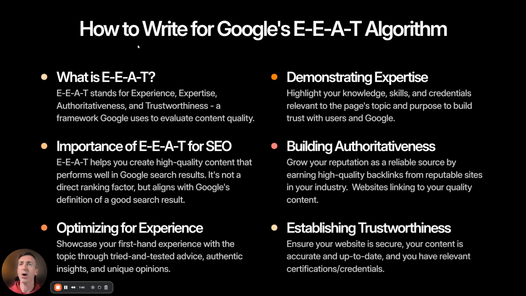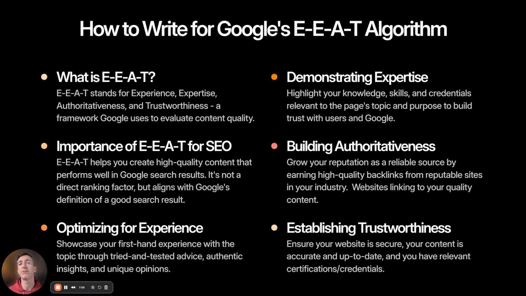So here's how I would write for Google's updated EEAT algorithm, standing for experience, expertise, authoritativeness, and trustworthiness. And that is the name EEAT of the framework, which Google is now using to evaluate the quality of your content.